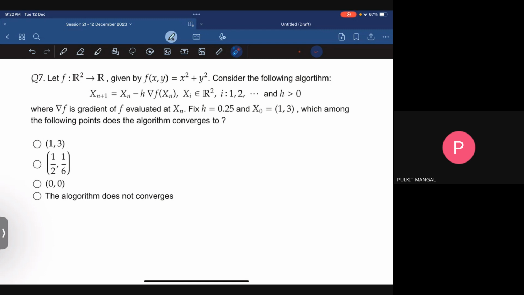We have a function from R2 to R in the question, that is x square plus y square. Consider the following algorithm: x of n plus 1 is equal to xn minus h times gradient of f at xn.